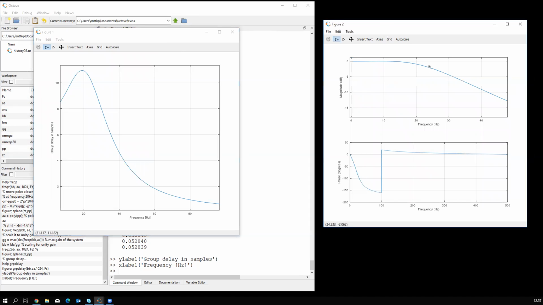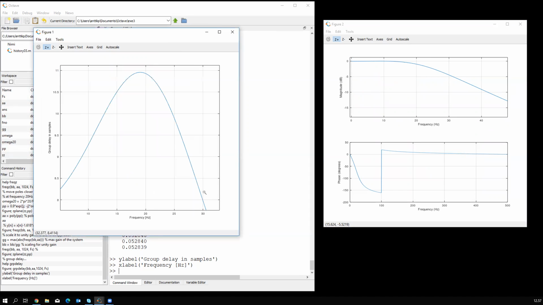Around about 25 hertz. So practically we are talking about that range. The time delay varies depending on the frequency between 8 and 11 milliseconds. So this is a dispersion of 3 milliseconds for this signal frequency range.